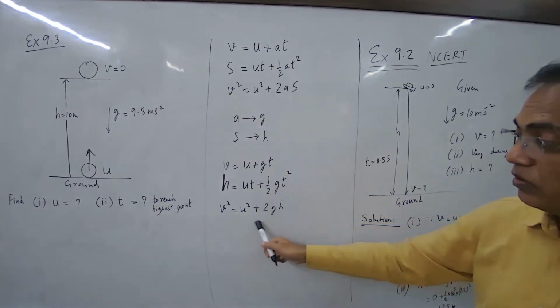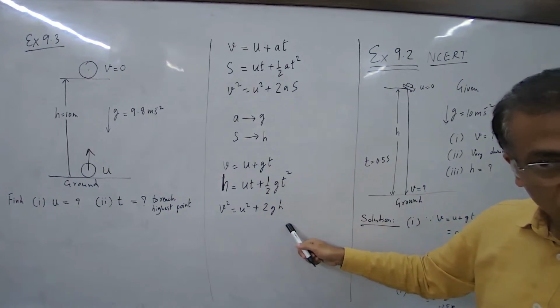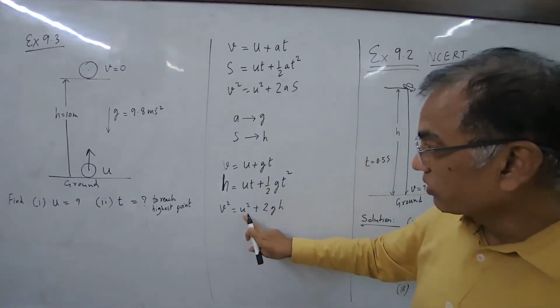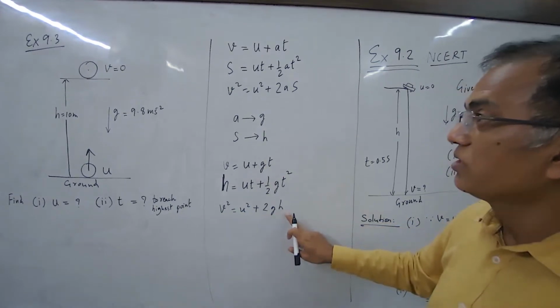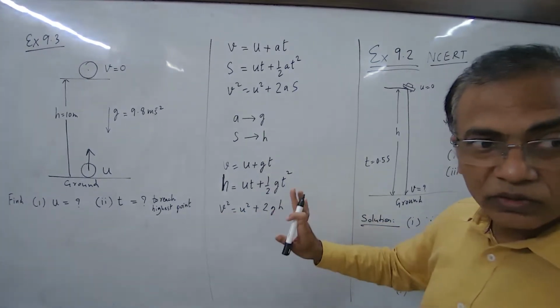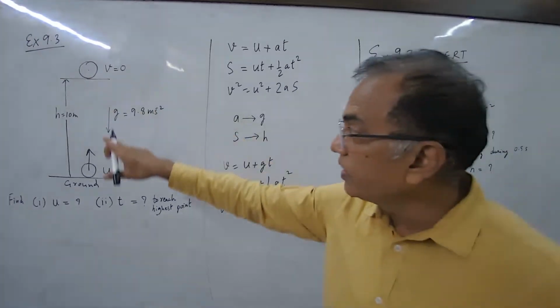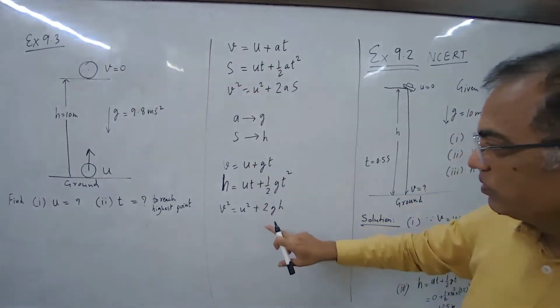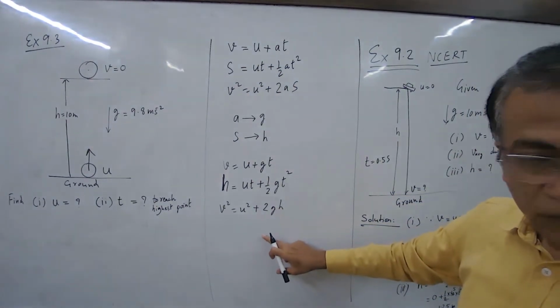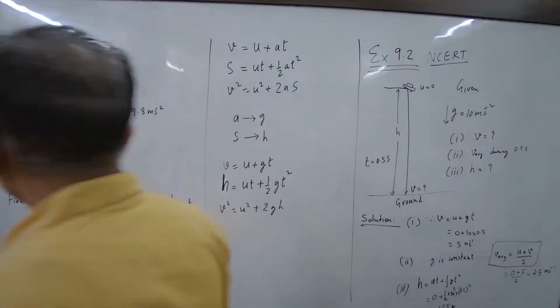Without time, it is only this equation. Got it? So we have to calculate U. V is known, G is known, H is known. Okay, very clear. So don't get confused. From the given data and the thing which you have to find out, which formula relates them? This one.